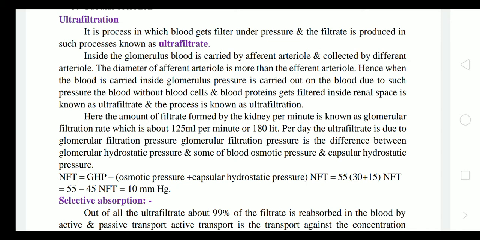So 125 ml per minute, 180 liters per day, this much ultrafiltrate is produced because of the glomerular filtration pressure. And this pressure is the difference between the two: glomerular hydrostatic pressure, and blood osmotic pressure plus capsular hydrostatic pressure. So NFP is GHP minus osmotic pressure plus capsular hydrostatic pressure.